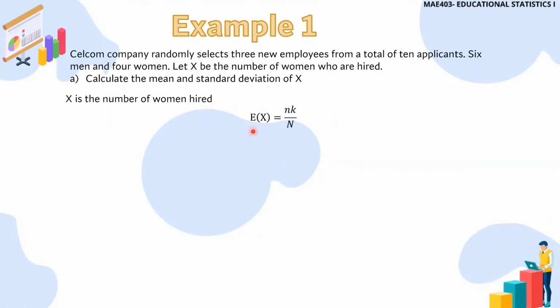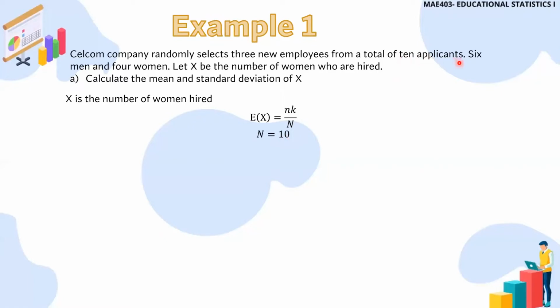So, we want to calculate the mean. The formula to calculate the mean of the hypergeometric distribution is the sample size multiplied by the classification divided by the number of observations. We know that the total number of observations is 10.